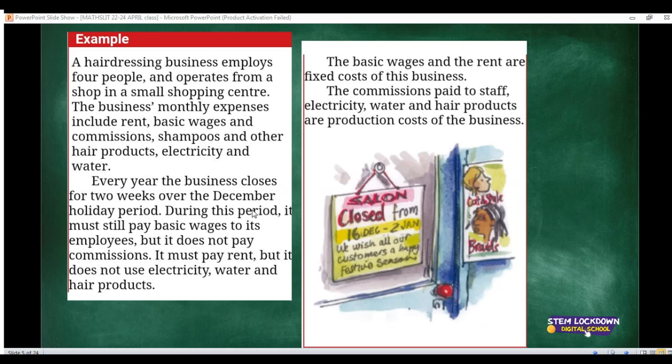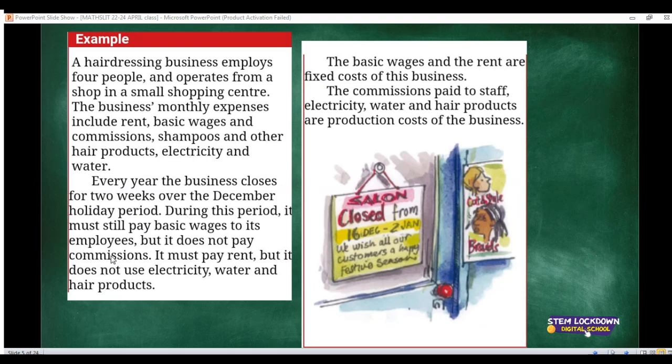But during this period, December and lockdown, it must still pay basic wages to its employees. So the people are at home and they're not working, but this business is obliged to pay those basic wages because that is a fixed cost. But what does it not pay? It does not pay commissions, because commission is a rate that you get for making a particular sale, right? So right now they did not make any sales, so they are not getting that commission.